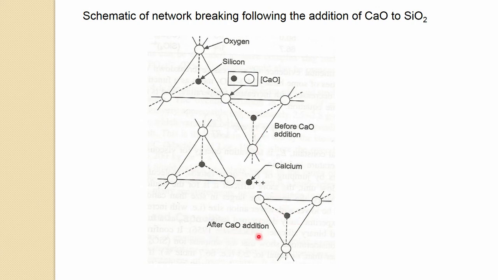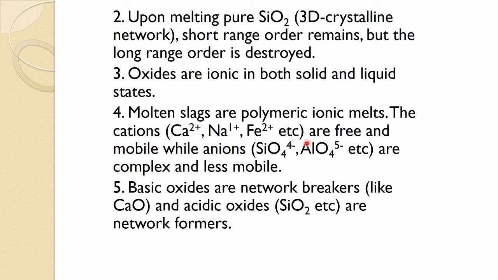After addition of CaO, the chain separates out and leaves the cation and anionic charges, and that is how it becomes an ionic melt in slag. That is why basic oxides are known as network breakers, and acidic oxides like SiO2 are network formers.